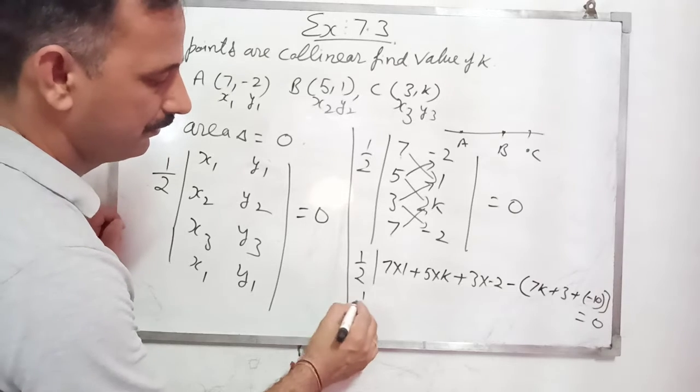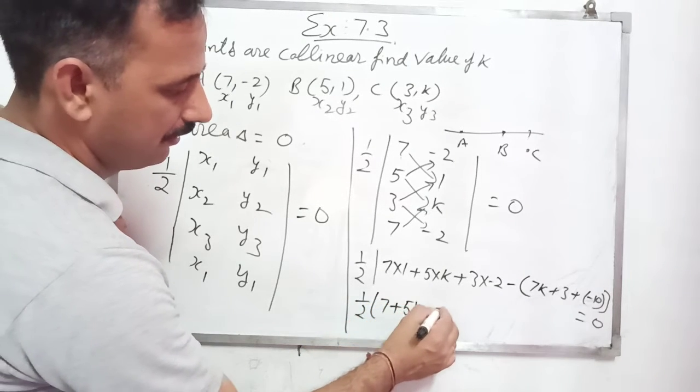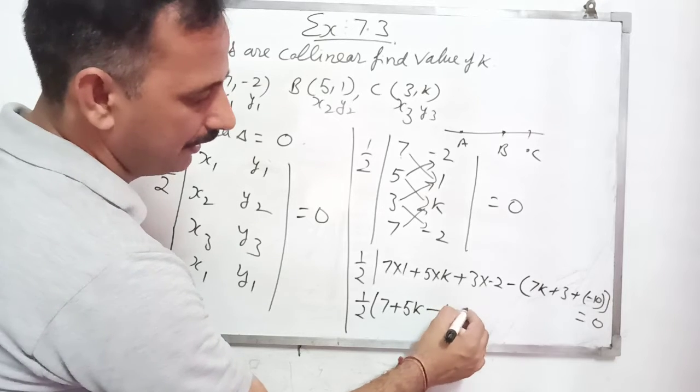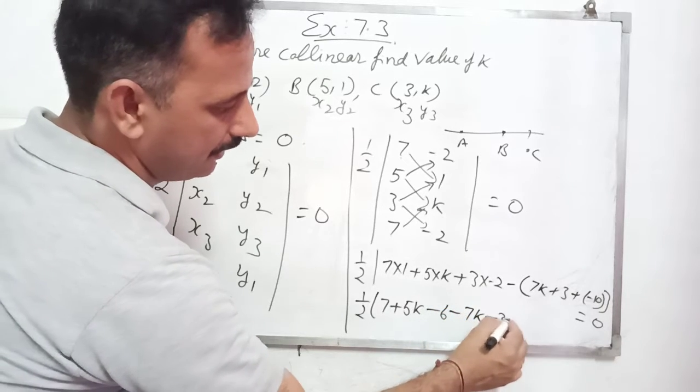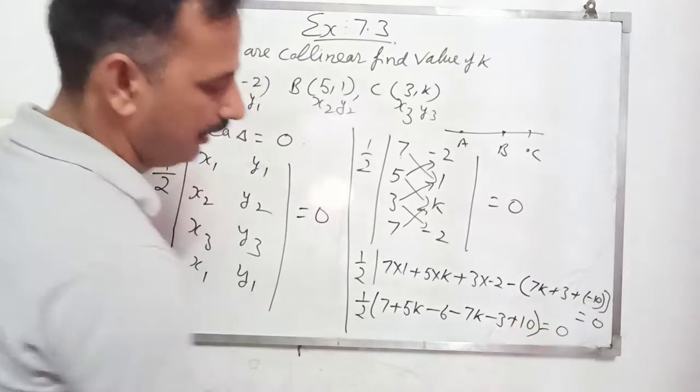So 1 upon 2 [7 plus 5k minus 6 minus 7k minus 3 plus 10] equal to 0, right?